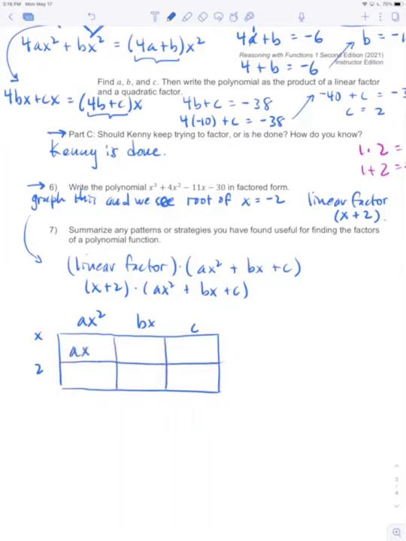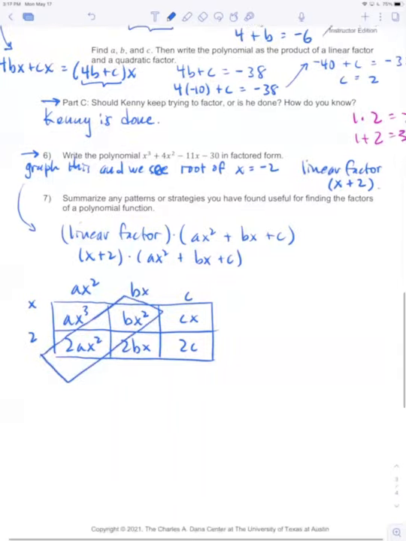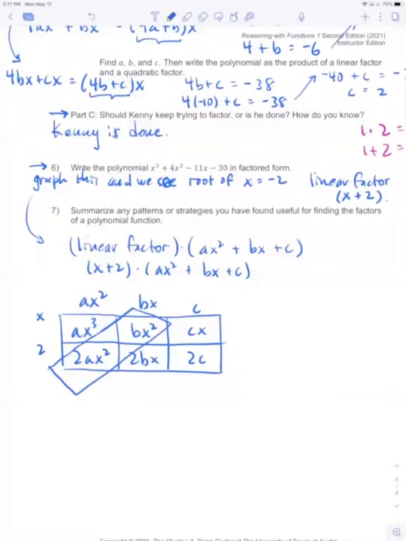So we get ax cubed, and then we get bx squared, cx, 2ax squared, 2bx, and 2c. So let's look on the diagonals again. That diagonal that I just highlighted with this box will give us the quadratic terms.